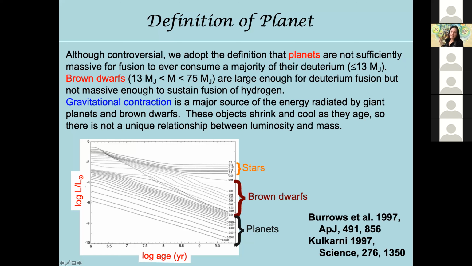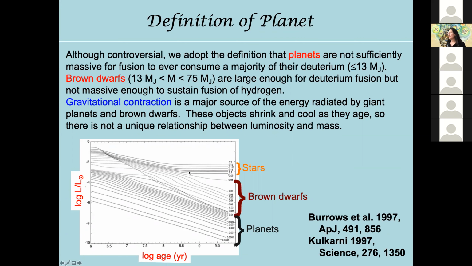The interesting thing about planets and brown dwarfs is that they keep cooling down very slowly, but they keep cooling down. So there is no way to have a mass-luminosity relation, like for example for stars, because you can see from this diagram that at some point main sequence stars start to fuse hydrogen, and then they stay stable for a long time, like our sun.